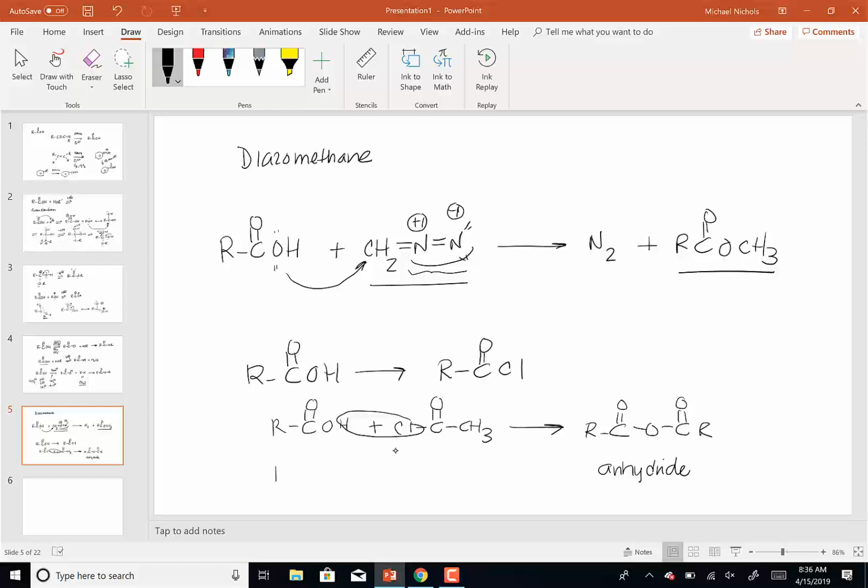I can also make an anhydride by reacting two equivalents of carboxylic acid together in the presence of something like sulfuric acid. So that's what will happen. The question is, can we think about the mechanism for this?